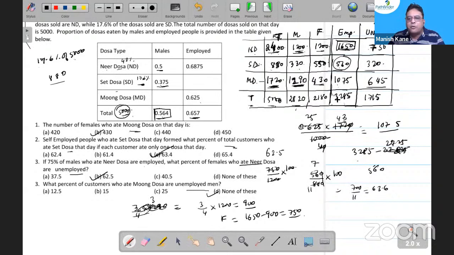You can only find out how many total are employed and how many are unemployed, but you cannot break up these figures into male and female. That option is not existing. You can't do that unless you make relevant assumptions. So I hope the solution to this question is pretty clear to you all. Is this clear? Is the solution clear to all?